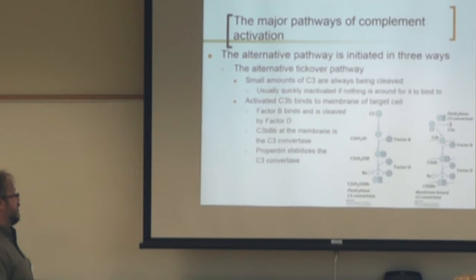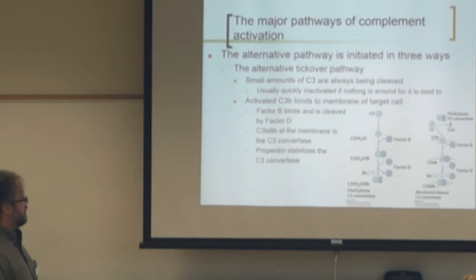And so this is now also a C3 convertase, part of the alternative pathway. This C3 convertase is very unstable. It can start to convert C3 in the fluid phase, but it happens very rapidly.